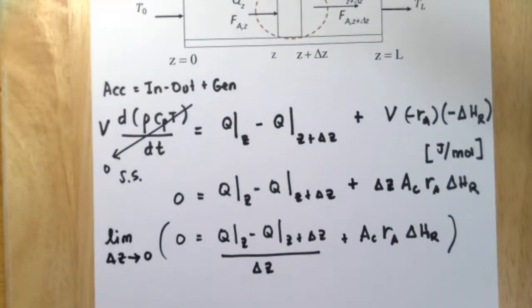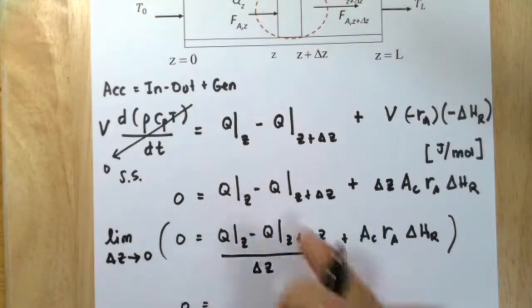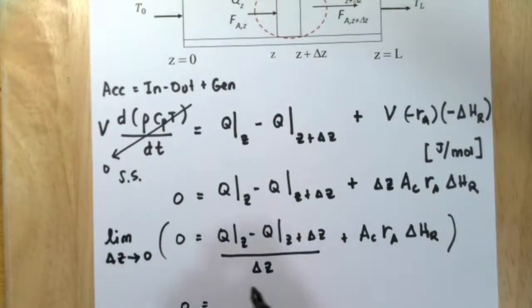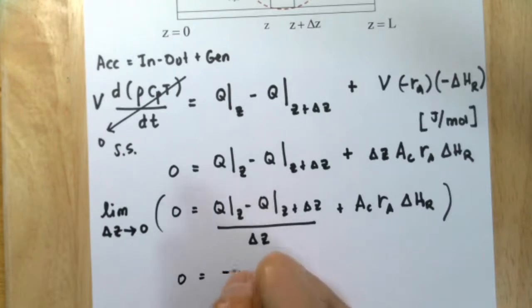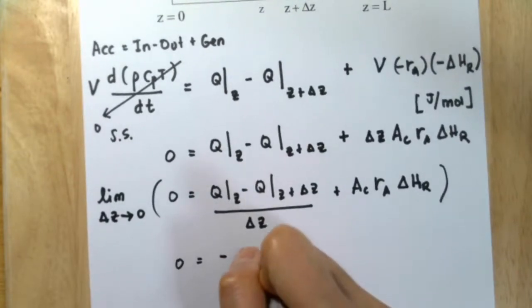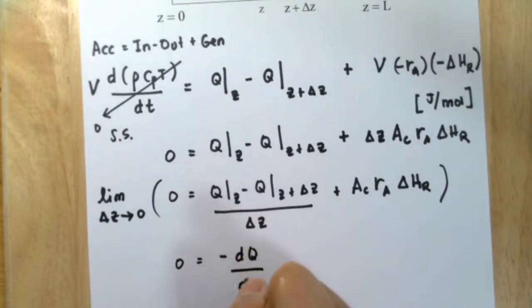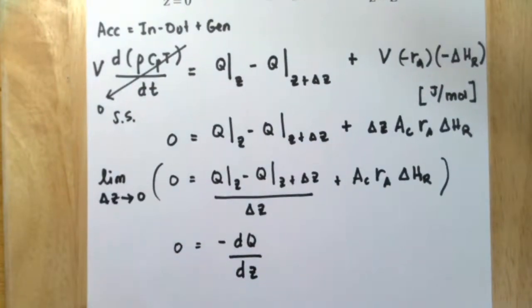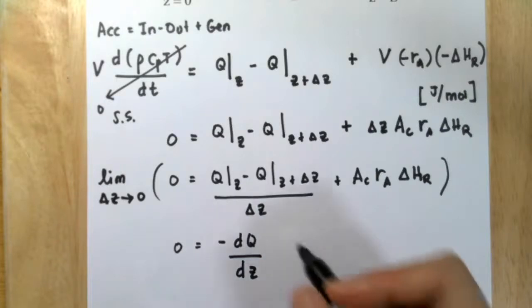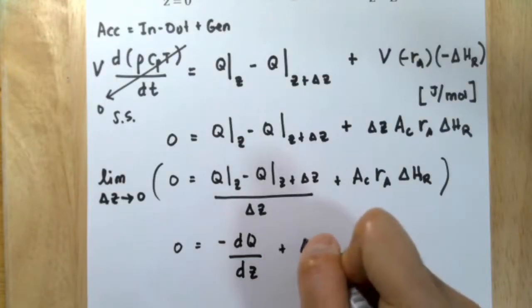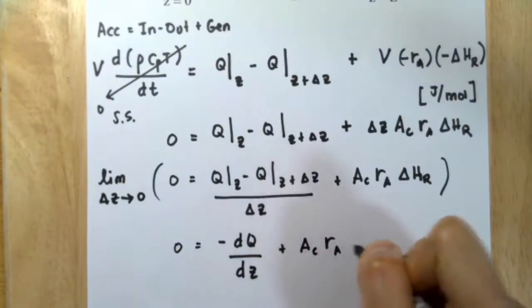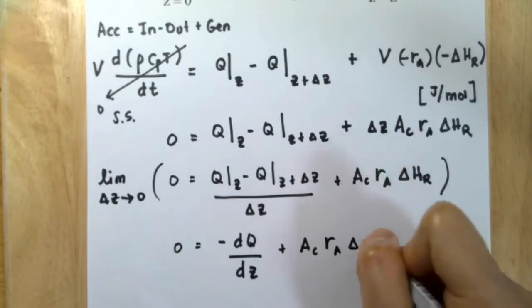By definition, this term here is negative dQ/dz, the definition of the derivative, plus AC RA delta HR.